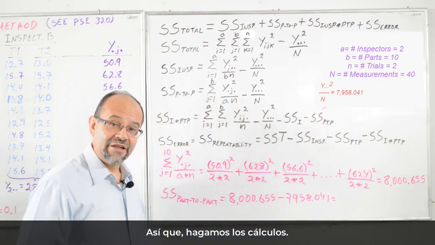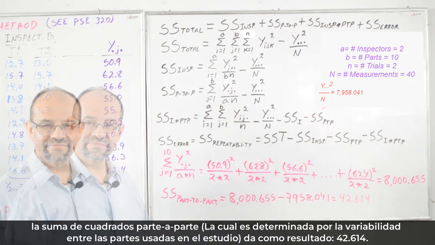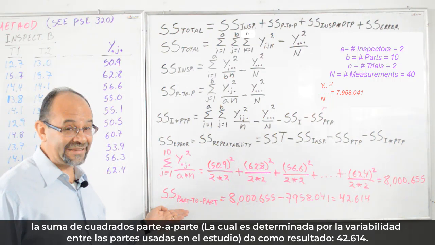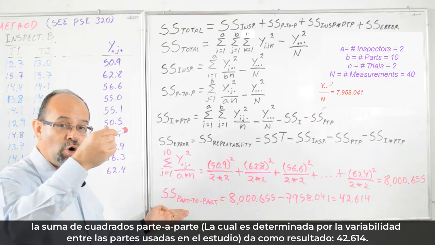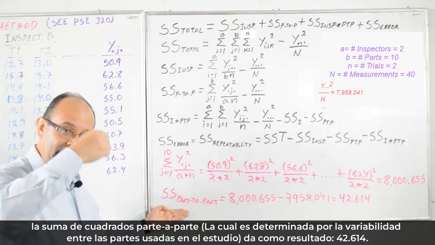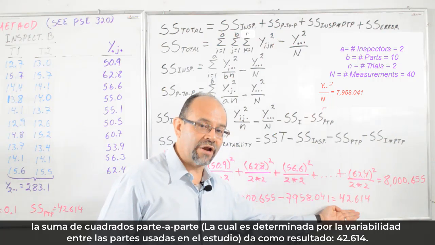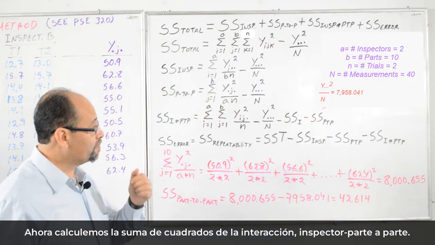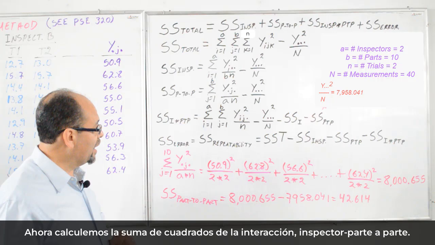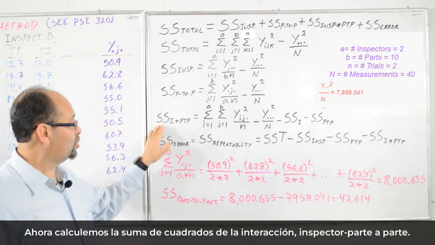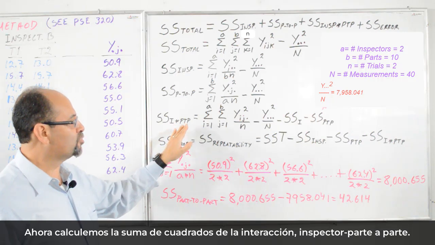Okay, let's do the calculation. The sum of squares part to part, because that is the variability among each of the parts, or created because of the parts, is 42.614.